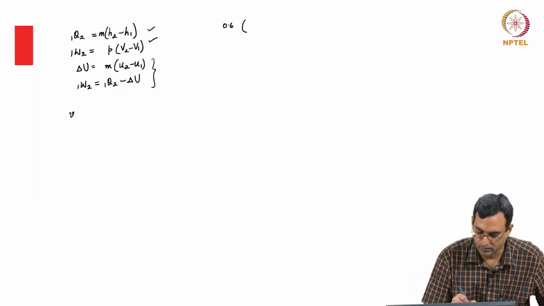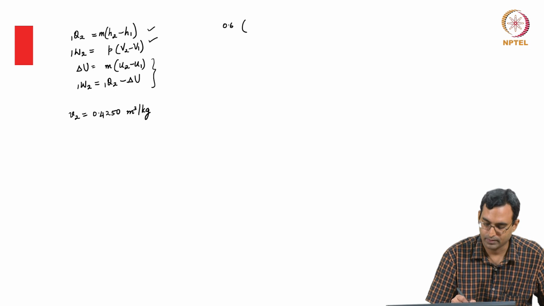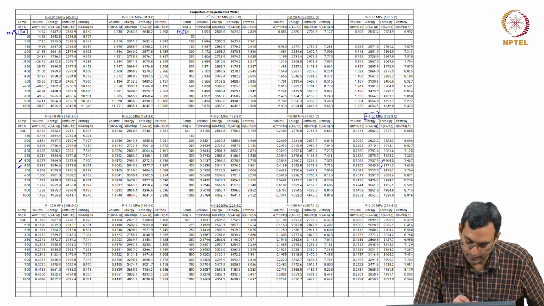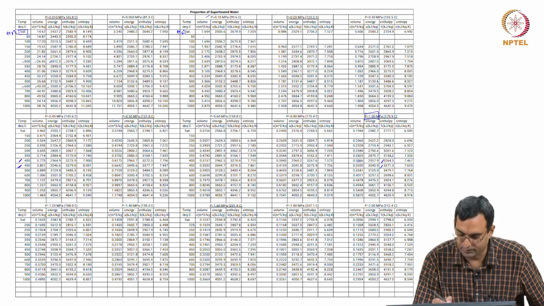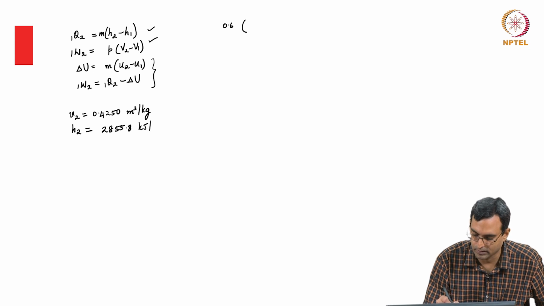So, V2 is 0.4250 meter cube per kg. I need that for this. Let me find out enthalpy. Enthalpy at 200 degrees and 0.5 megapascal is 2855.8 kilojoule per kg.